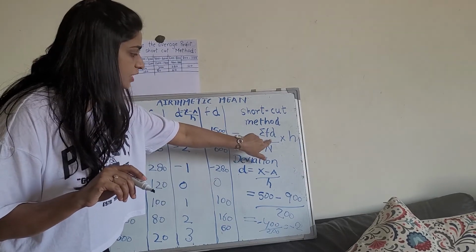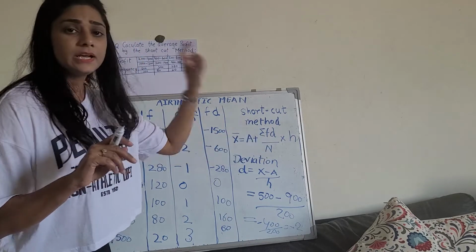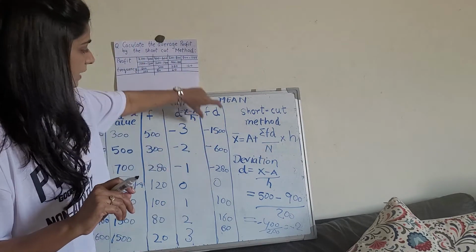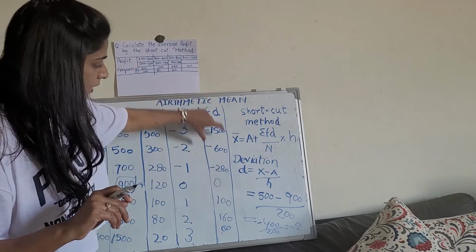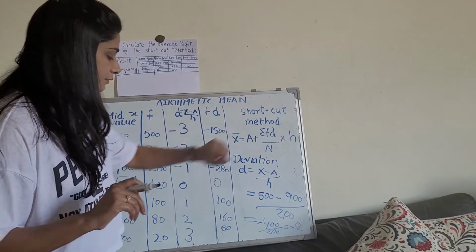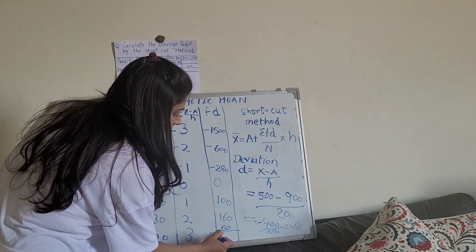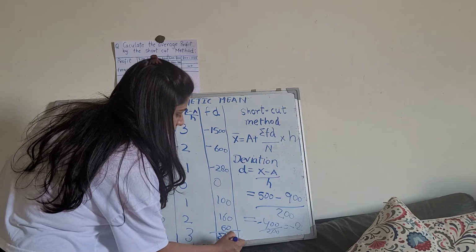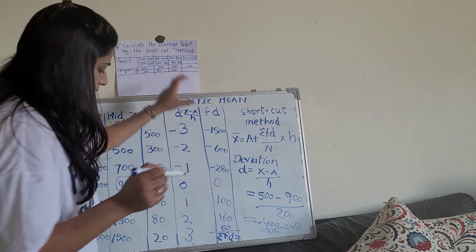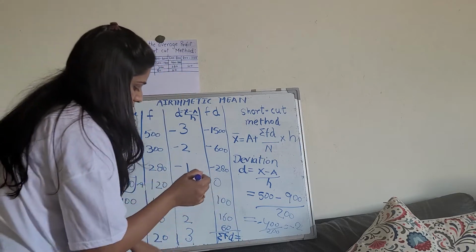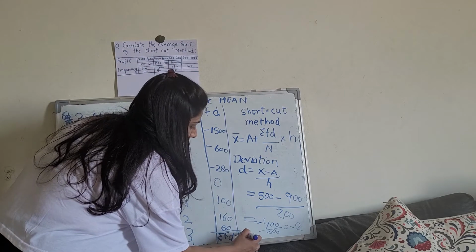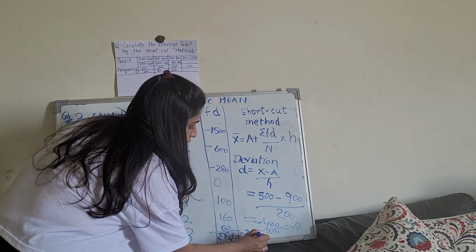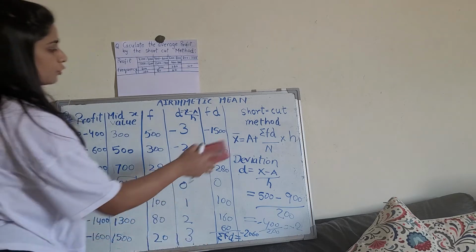Now check the formula. We need summation FD, sigma FD. Sigma means addition of this column. If we add all the FD values, we will find sigma FD. After adding all these values, we get minus 2060. Now what do we need?